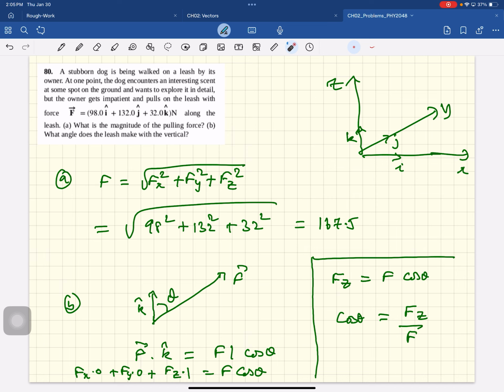So that's the angle it makes with the z-axis. Generalizing this, cosine theta x, the angle the vector makes with the x-axis, is Fx over F, and so on.